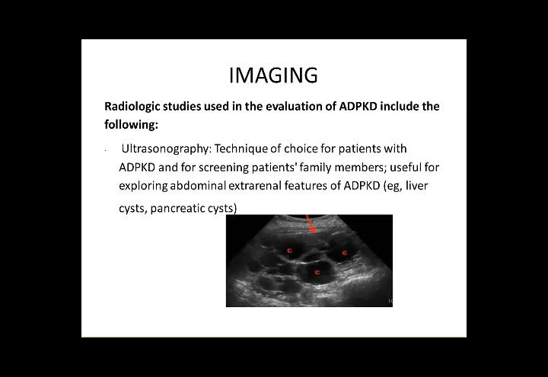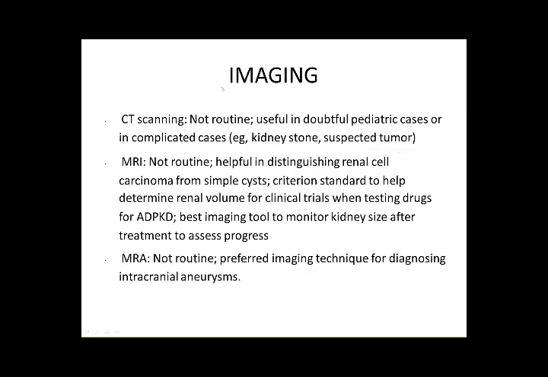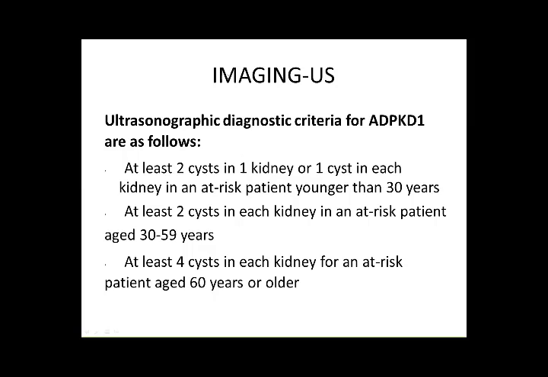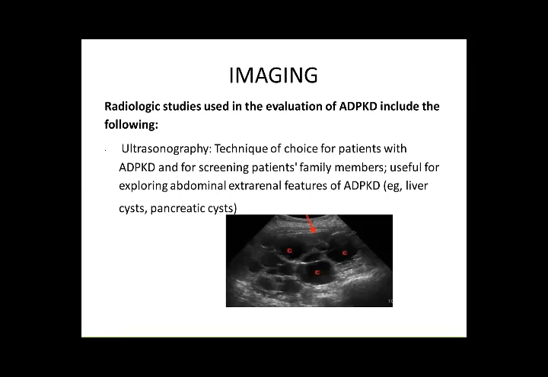So this is a typical ultrasound finding of a patient showing multiple cysts: one, two, three, four, five, six. These are the multiple cysts which are present on ultrasound of a patient with polycystic kidney disease.